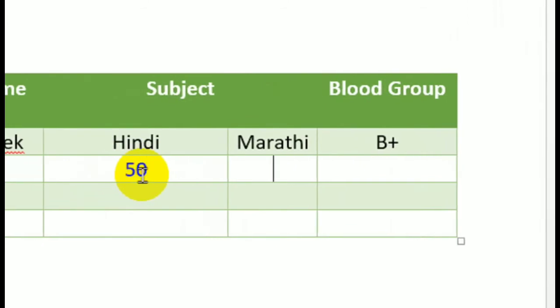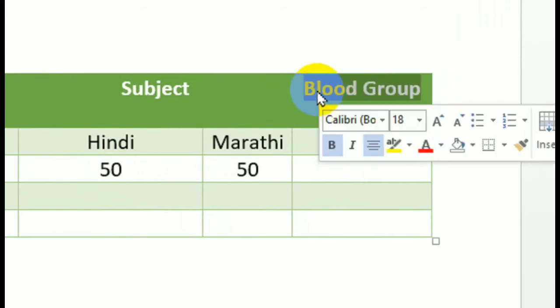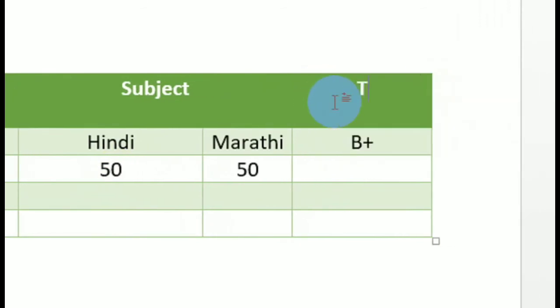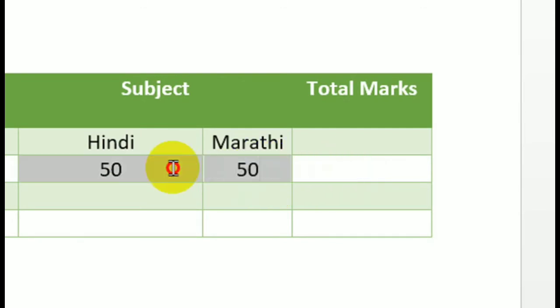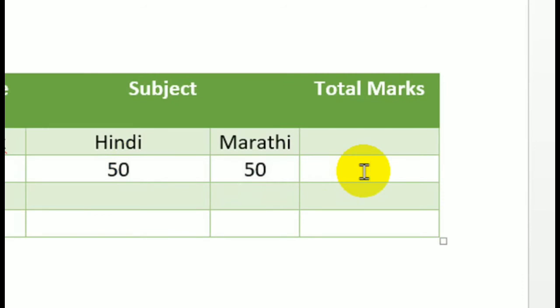So here I have merged both cells and written the name Subject. Here I have given Hindi and Marathi marks, and I want the total in the next cell, right? So Hindi and Marathi have 50-50 each. Now here I want the total of them. So how you can do calculations within a cell, that thing we will learn now.